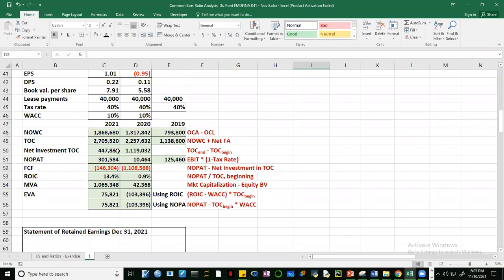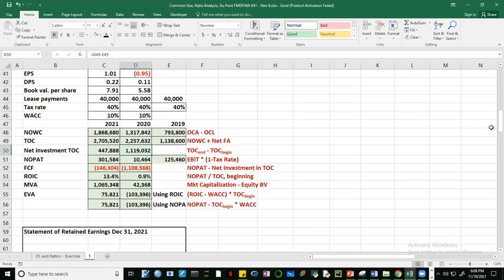Then we were able to determine the net investments, which we just subtract how much was the beginning TOC, okay, subtract it from the ending TOC. And we can see here that the company really invested a huge amount, relatively a huge amount in 2020 in TOC, even bigger than 2021.